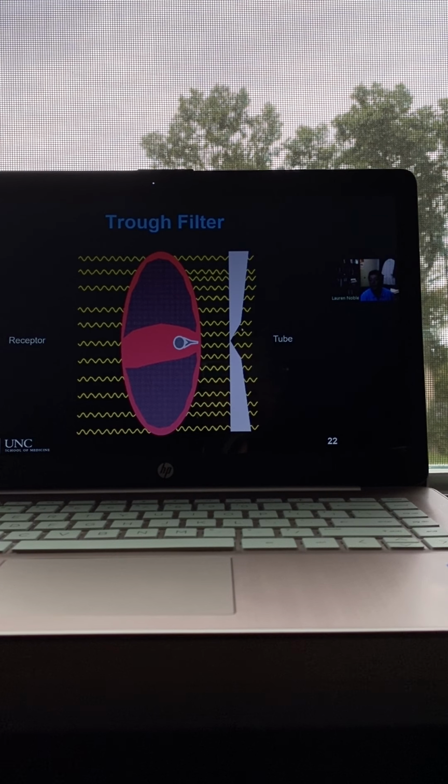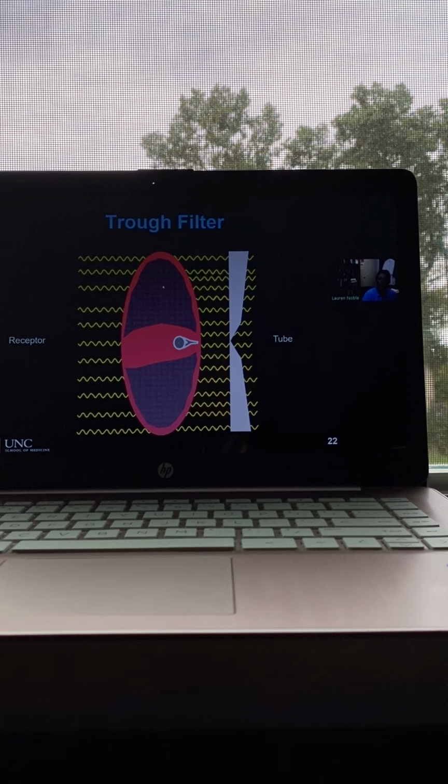It's called a trough filter because it does look like a trough. That trough filter was used a lot to do chest imaging when we had film in particular. You might not see it being used as much with digital.